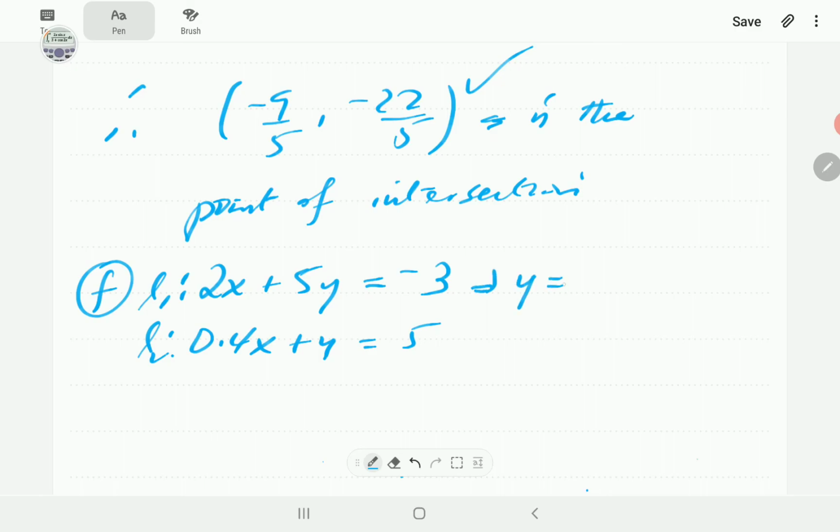If you make y the subject of the formula here, it's going to be -3/5 - 2/5 x. Make y the subject of the formula here, it's going to be -0.4x + 5.